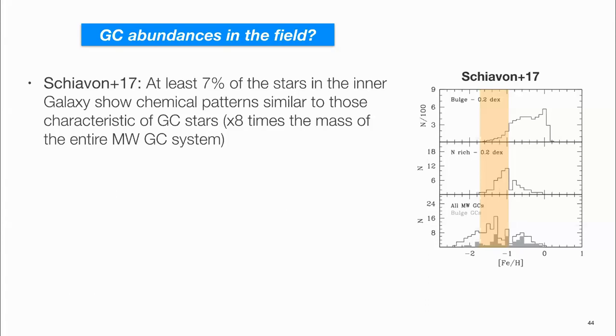So maybe there are other surprises out there, but I would dare to say that most of them are not going to be changing that much, and this is why we have focused on this very particular set of elements, the hot CNO cycle elements.